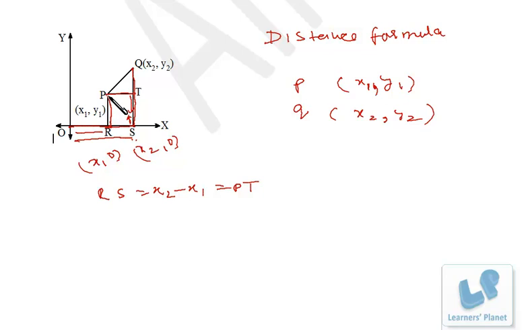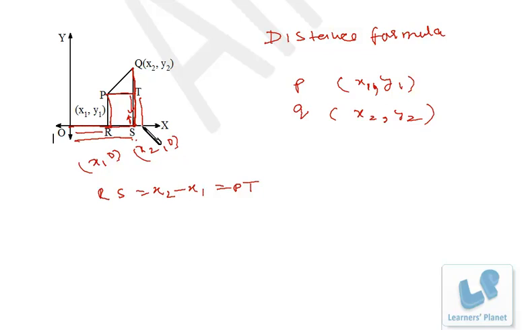Its y coordinate is y1 and this length is the same as this length. So the coordinate of point T will be what? The y coordinate will be y1 only, right? So that means this complete distance is y2 and this distance is y1. That means QT will be this minus this, right? QS minus TS, right?